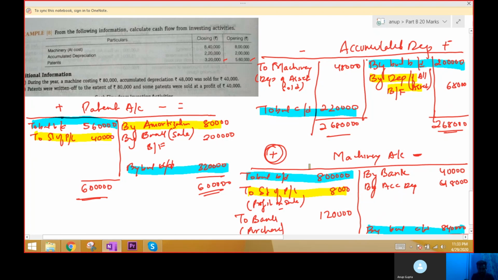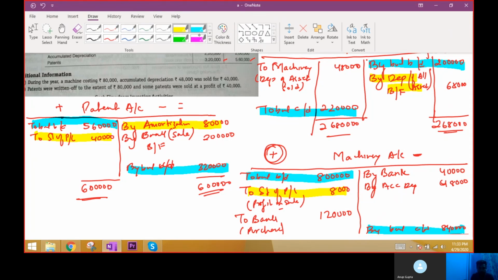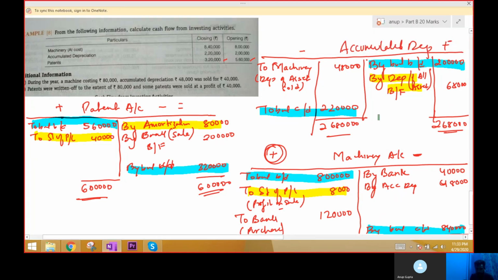Now what is left? By bank, sale of machinery will go in investing activity. Purchase of machinery will go in investing activity. Sale of patent will go in investing activity.